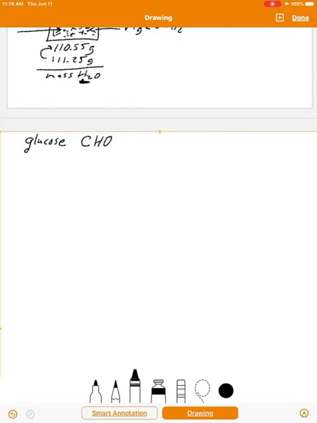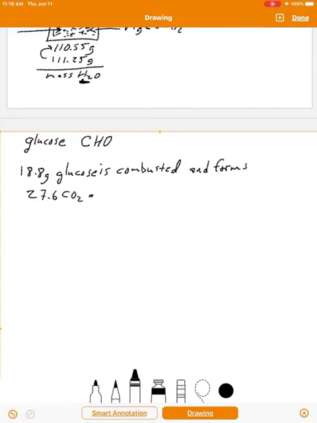So let's say we combust 18.8 grams of glucose. And when that happens, what we get out of it is 27.6 grams of carbon dioxide, and 11.3 grams of water.